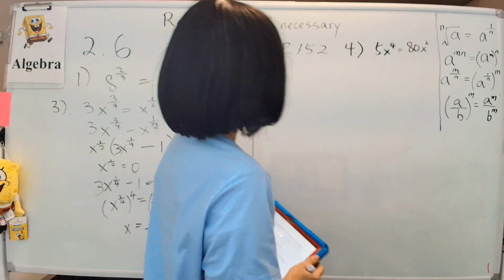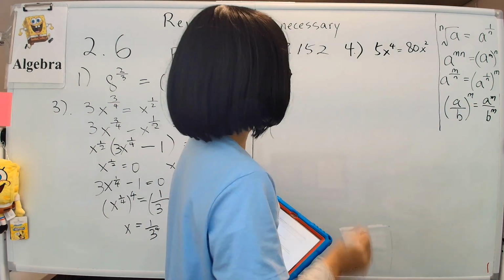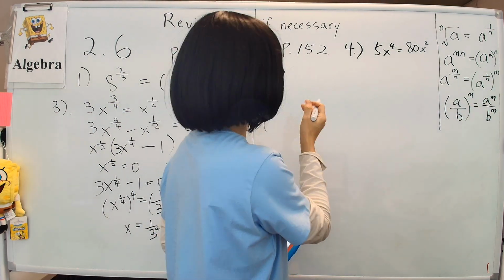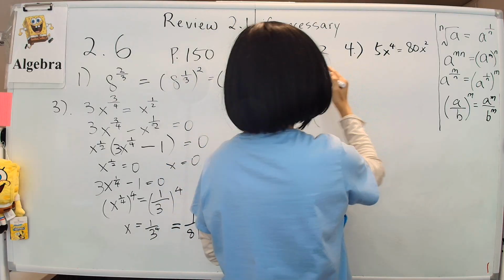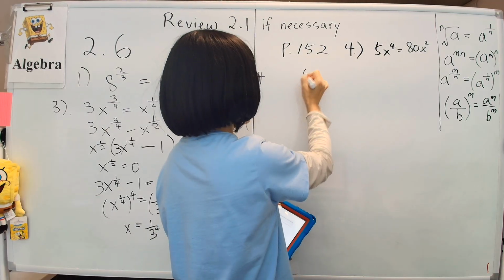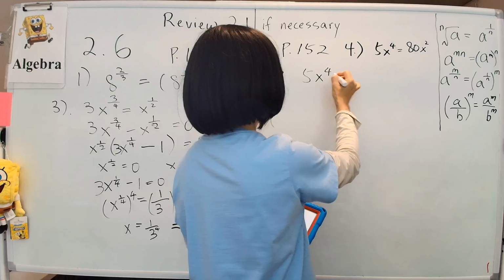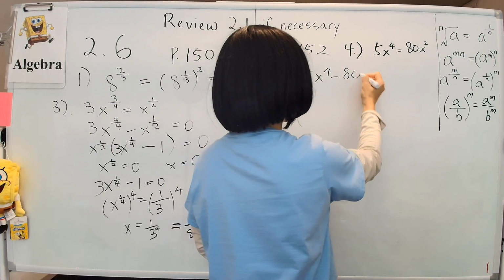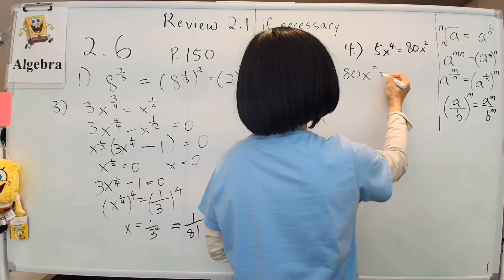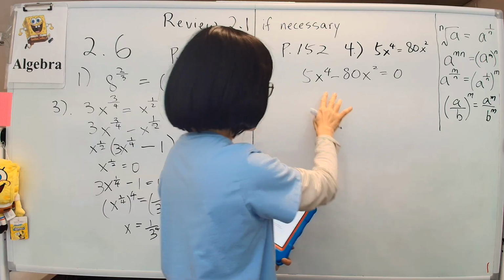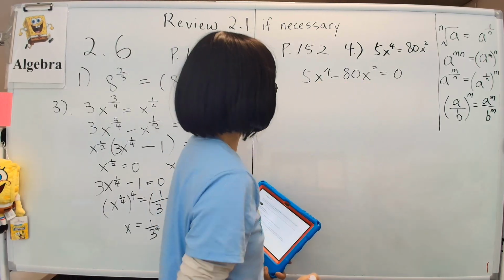All right, so there's our problem, and as always, we're going to solve this by moving everything to one side. So we have 5x to the power 4 minus 80x squared equals 0. The first thing we do is factor something out.